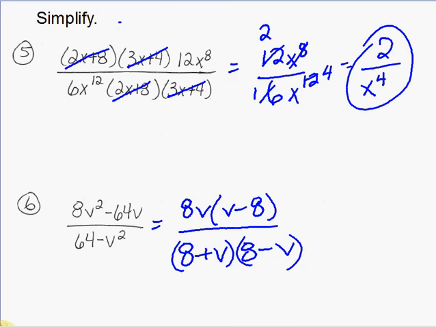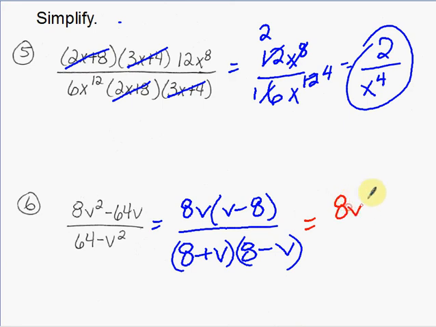Now, from here, there's actually nothing that I can cross out, no common factors. But I notice that I have a pair of opposites. I have v minus 8 and I have 8 minus v. And in order to get rid of opposites, what I can do is factor out a negative 1. So I'm going to write this as one extra step.